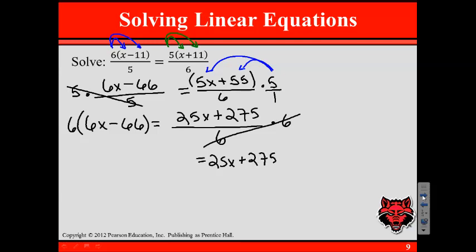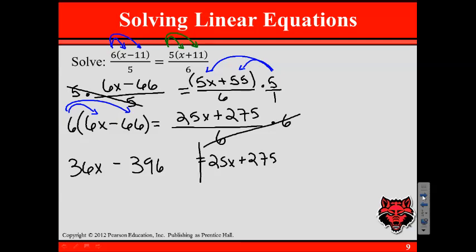On the left-hand side, we must distribute the 6 to both terms inside parentheses. So we multiply 6 times 6x, and that gives us 36x, minus 6 times 66, which is 396. We've simplified each side of the equation. We've eliminated the fractions.